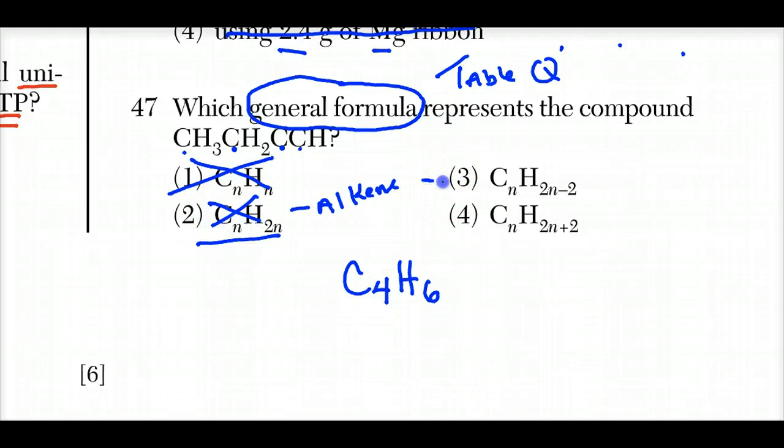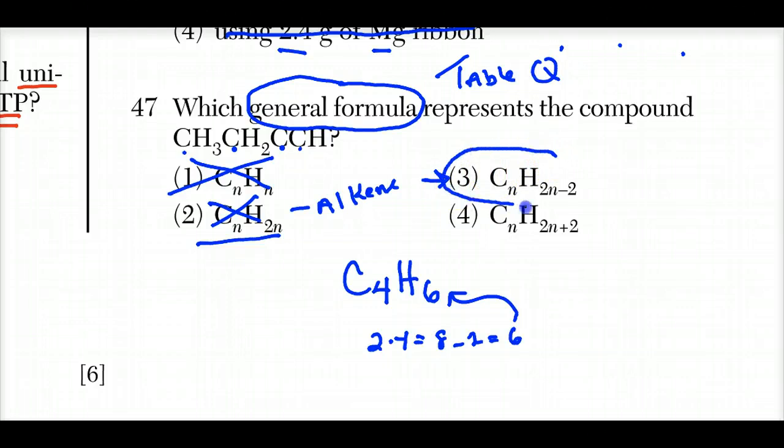I think 3 might be our answer here. Double the amount of carbons, that would make it an 8, right? 2n, so 2 times 4 is 8. Then subtract 2, and that would give me my 6 for my H's. So this is the formula that fits that hydrocarbon, so choice 3 is the answer.